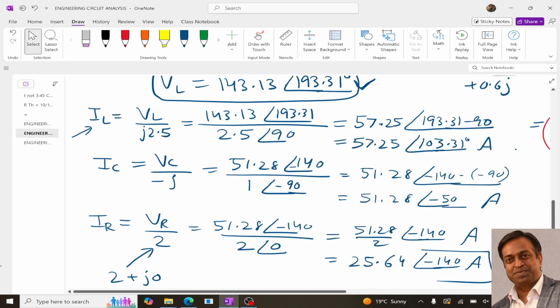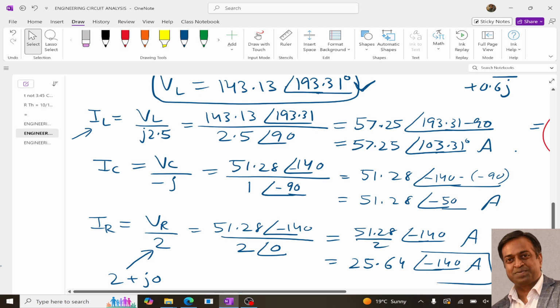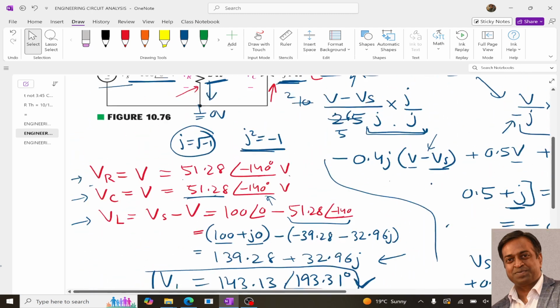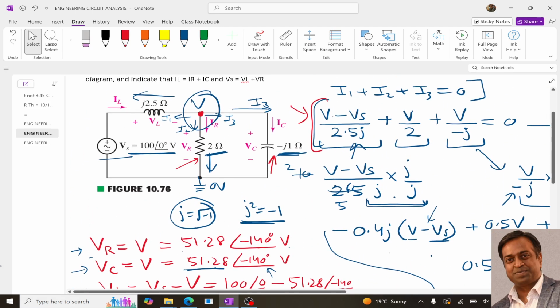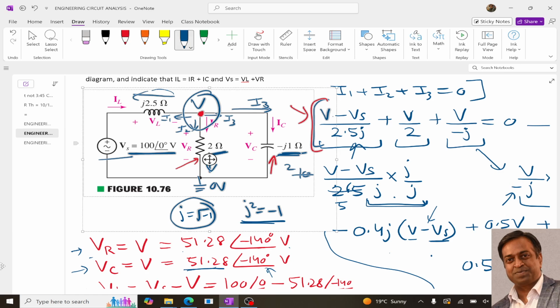So in this way, just with the concept of impedance, we can easily determine the voltage and the current through any element of the circuit. The only thing we need is knowledge of complex numbers and the polar form, how to convert a complex number into polar form and polar form back to complex form, right?